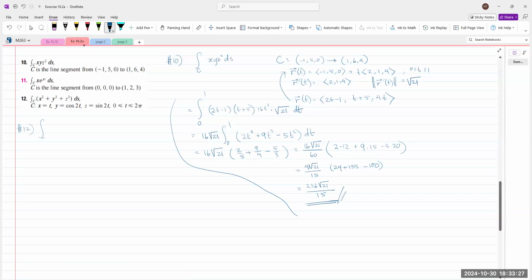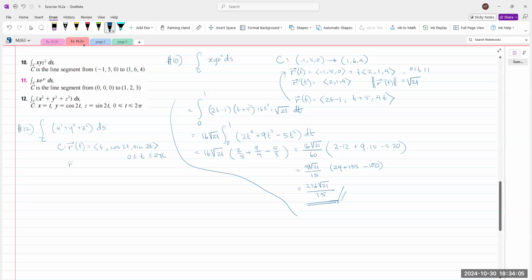We have the integral over the curve of x squared plus y squared plus z squared ds, where the curve is parameterized by (t, cosine 2t, sine 2t), where t is from 0 to 2 pi. It actually looks like a spiral, huh?